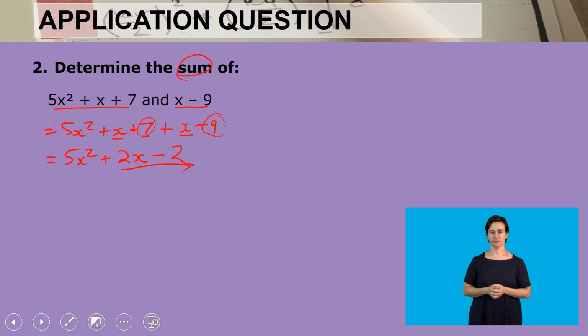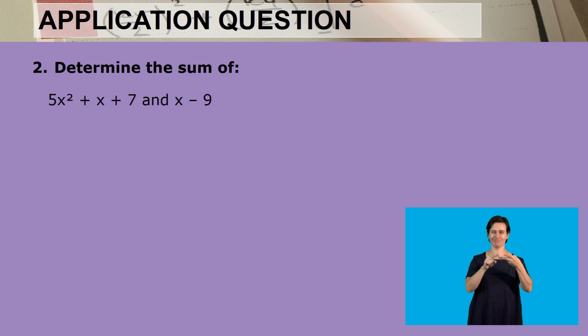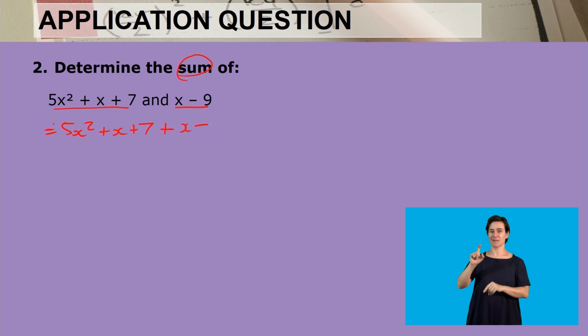And we move on, which says determine the sum of 5x squared plus x plus 7 and x minus 9. A trinomial and a binomial, and the sum says we're adding. So it would be 5x squared plus x plus 7 plus x minus 9.